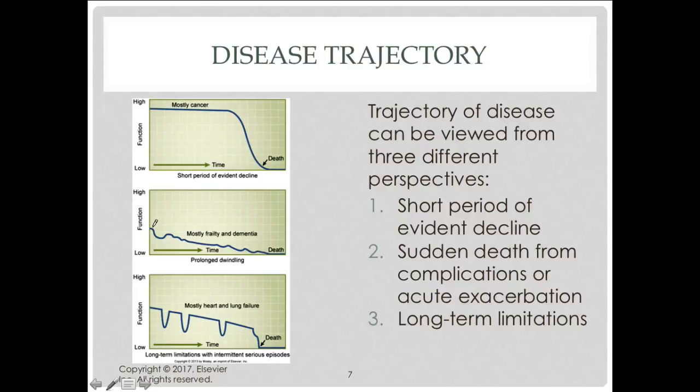But so organ failure here, where they have their illness, they have a down, they kind of come up, so they might be hospitalized here, they come out, they do okay, but then they sort of have this slow decrease in their ability to recover, and it's kind of a slow, prolonged death.